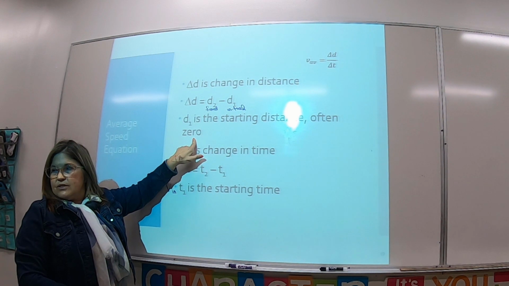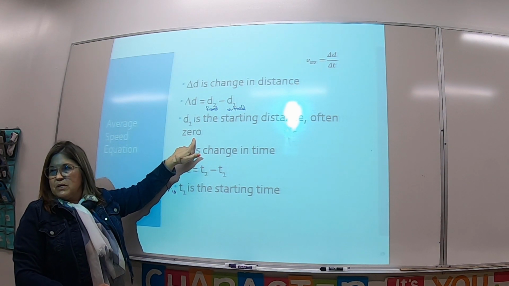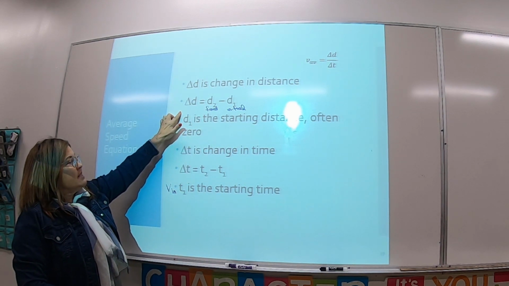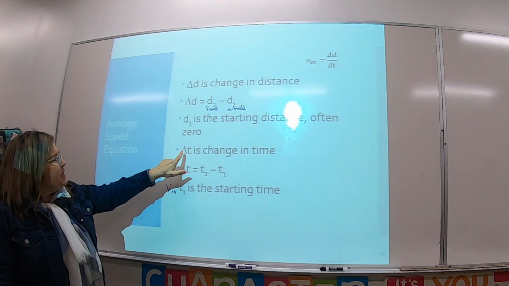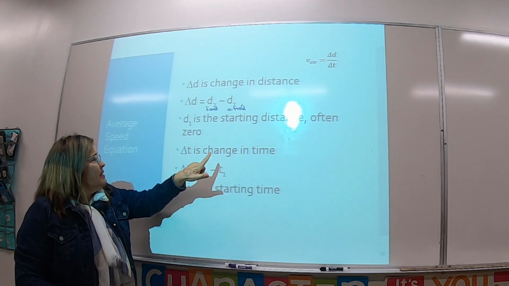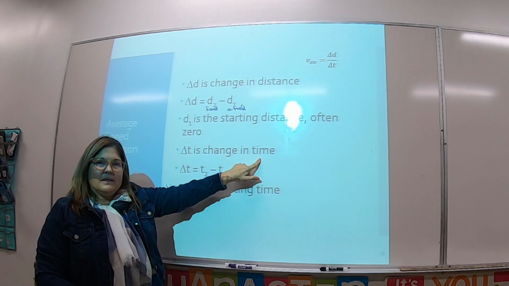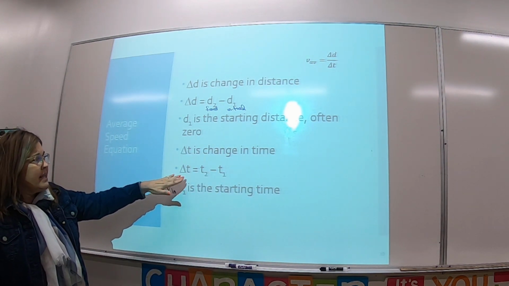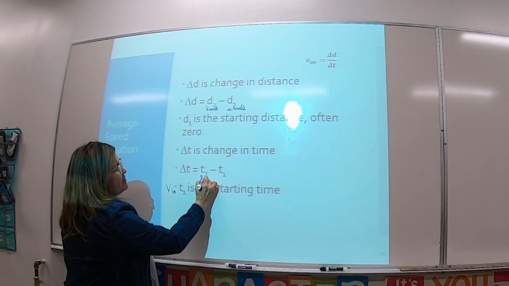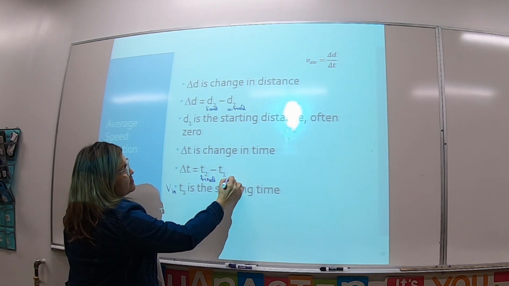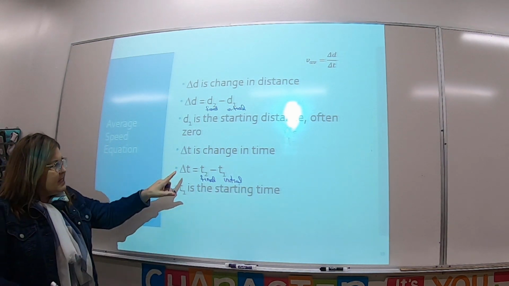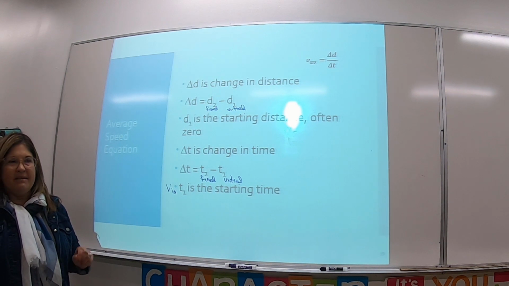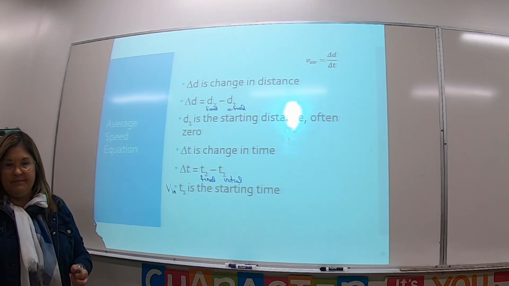Often it starts at 0. Not all of our problems will start at 0. But it's the final minus the initial that is your delta d. Delta t, well, we know delta means change in and t means time. So the change in time. And to calculate delta t, you take your final time minus your initial time. So t2 minus t1. Final minus initial.